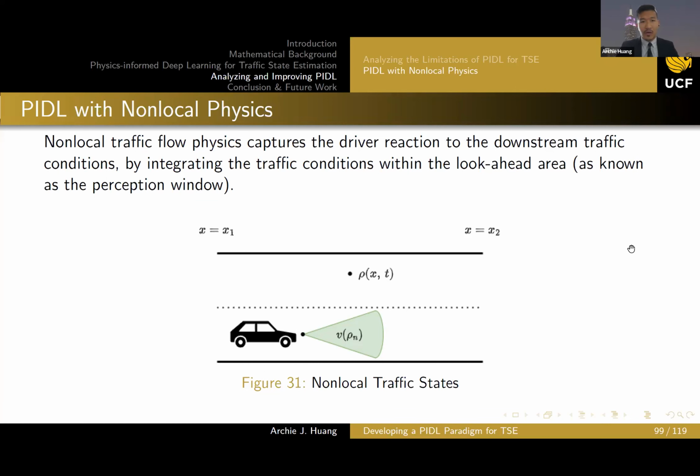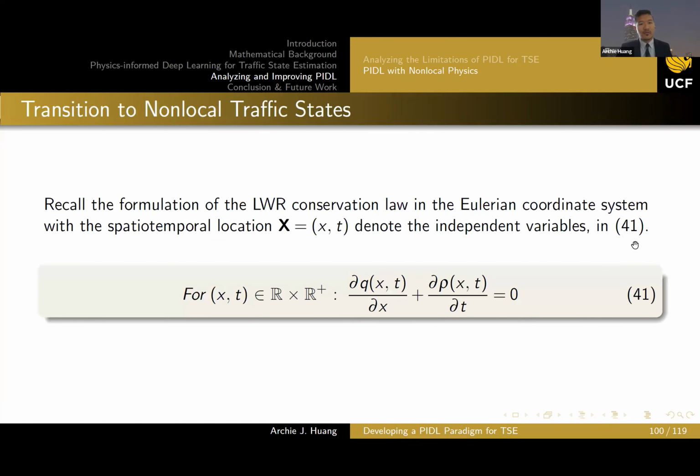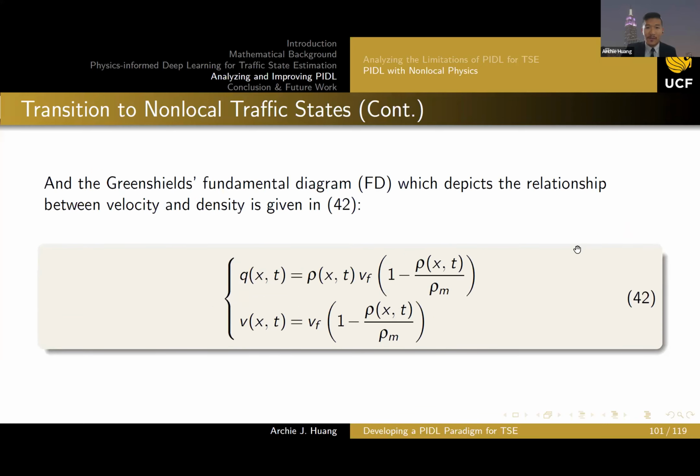So let's see how that works. Here I'm just going to recall a local version of the LWR equation that we have previously seen in the first 2 parts of the video. And if you're not familiar with the equation here, you can always refer to the previous 2 videos to get more relevant information. And here I give the local version of the Green-Shields fundamental diagram.